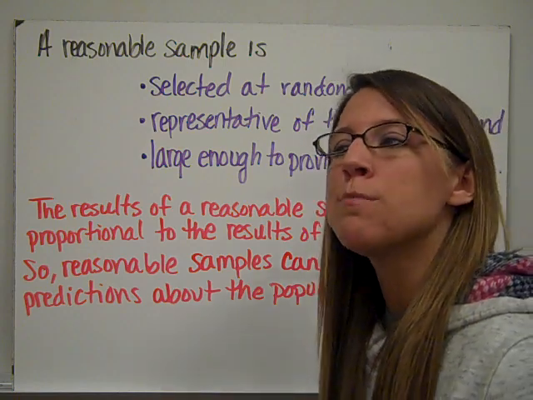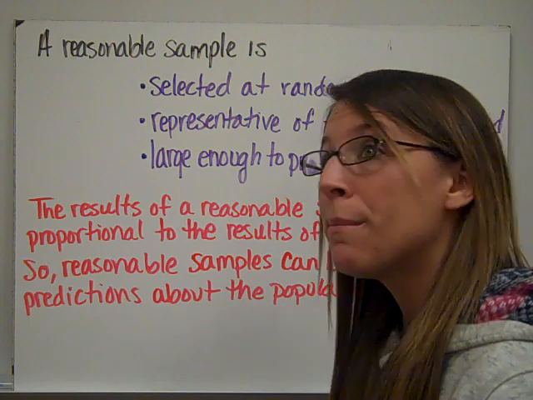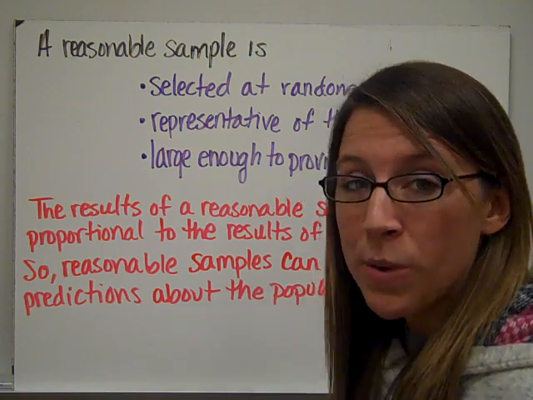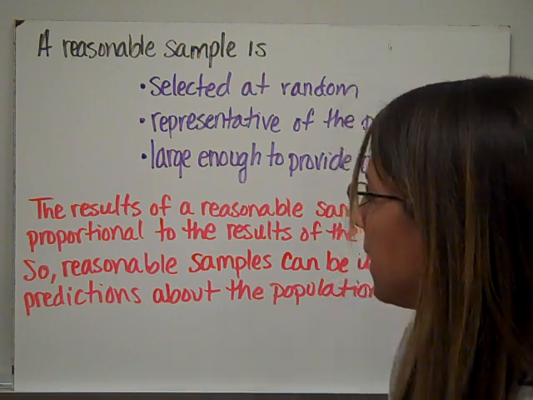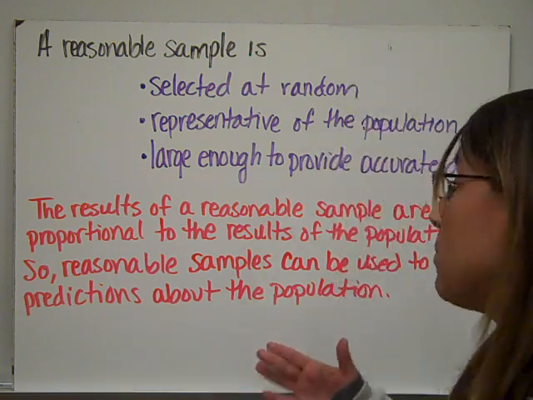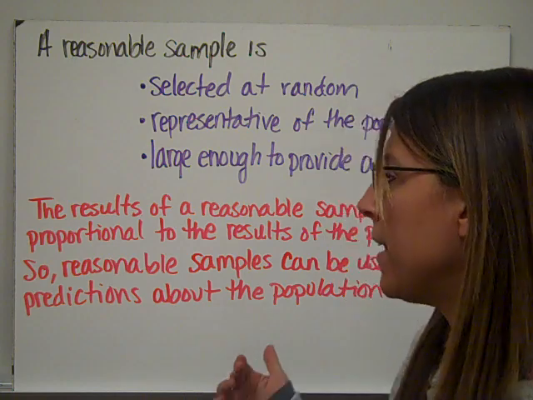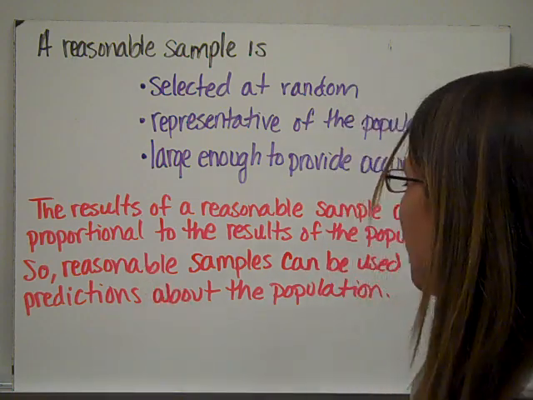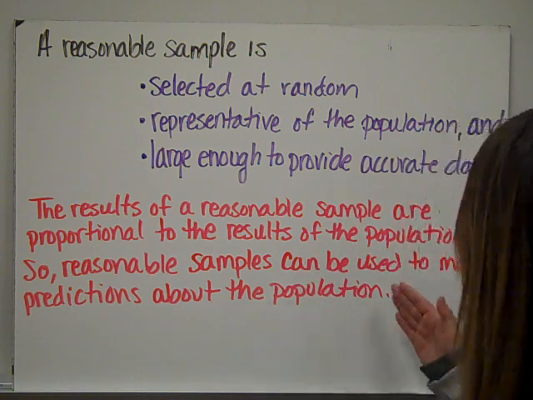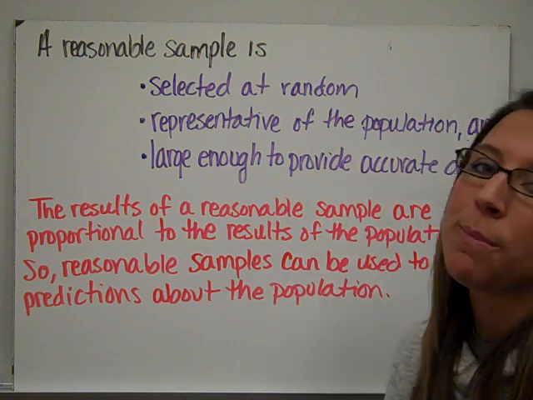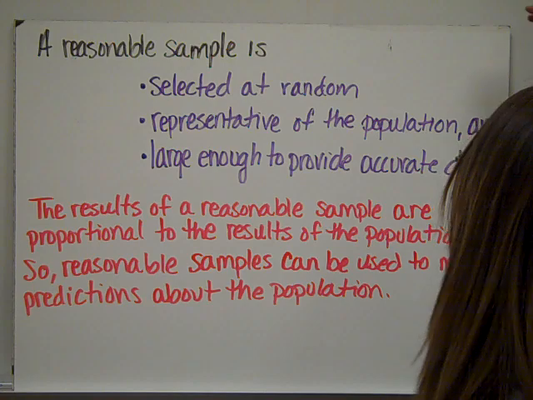So your sample is more credible if it's random, if it's large, and it represents the population well. The results of a reasonable sample, and this is an important point, are proportional to the results of the population. So reasonable samples can be used to make predictions about the population, and we'll be touching on that later.